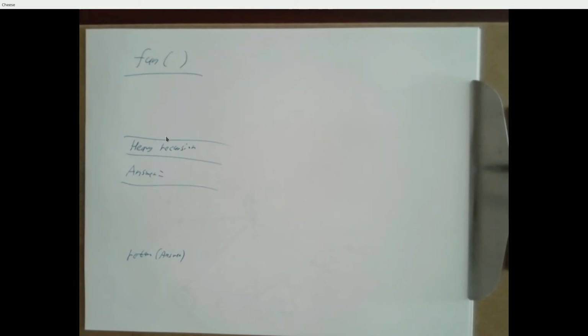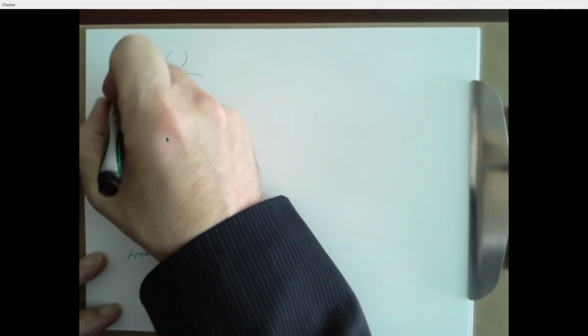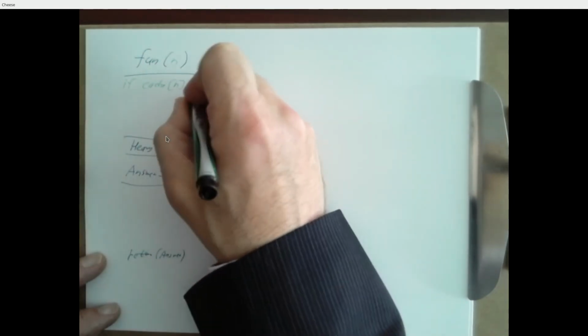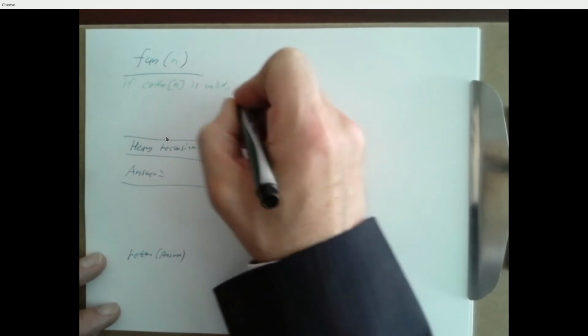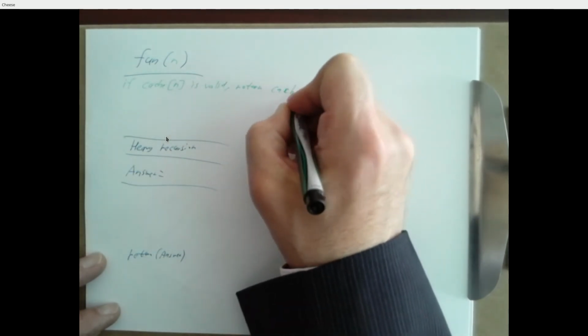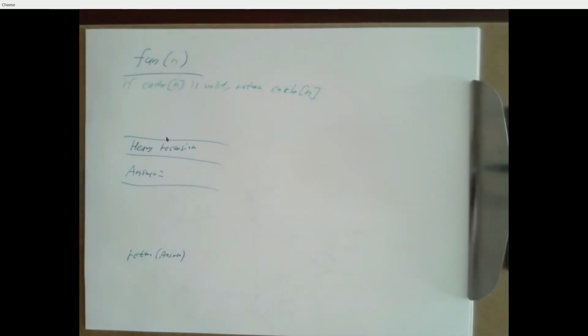If you want to save your results, in the very beginning here you can say, let's say you're calling this on n, check if cache n is valid, whatever that means, positive or a flag set or something.